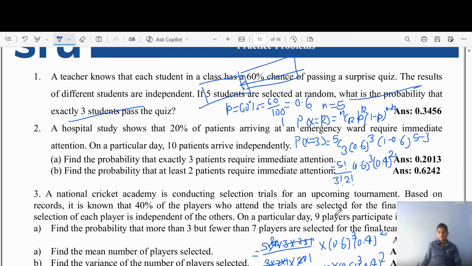If we evaluate this, we get the answer 0.346. So this is the answer.